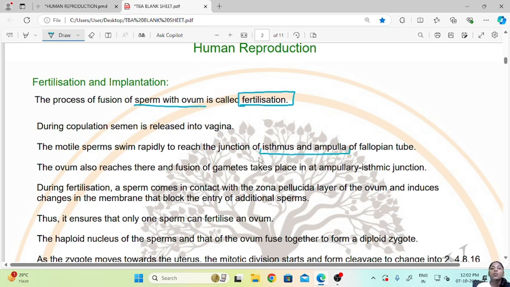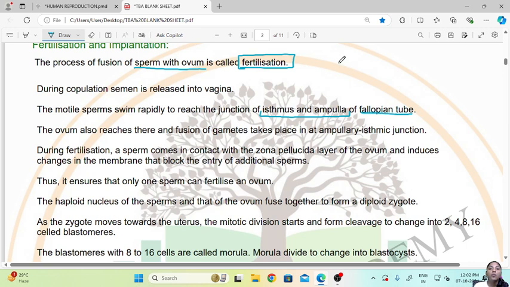This is in the oviduct or the fallopian tube. The ovum, the egg which is released, will also reach the same junction, the isthmus-ampulla region of the fallopian tube, and the fusion of gametes will take place. That is the fertilization, which takes place in this ampullary-isthmic junction.